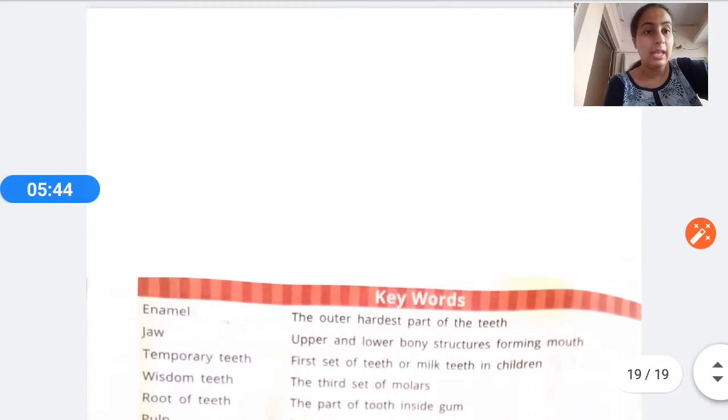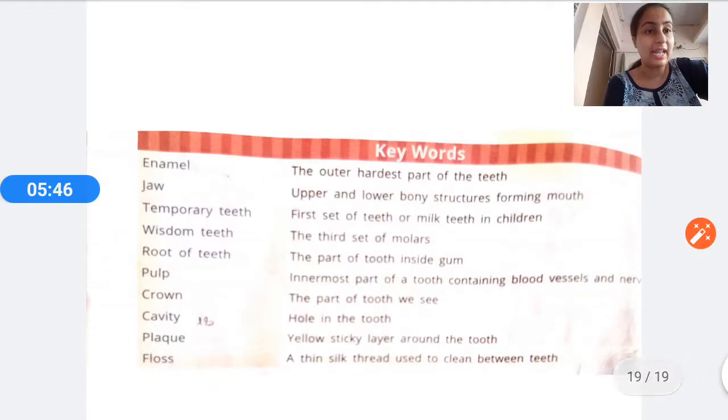Now I am going to explain the keywords that have been given. Enamel, the outer hardest part of the teeth. Jaw, upper and lower bony structures forming the mouth. Temporary teeth, the first set of teeth or the milk teeth in children. Wisdom teeth, the third set of molars. Root of teeth, the part of the teeth that is inside the gum.